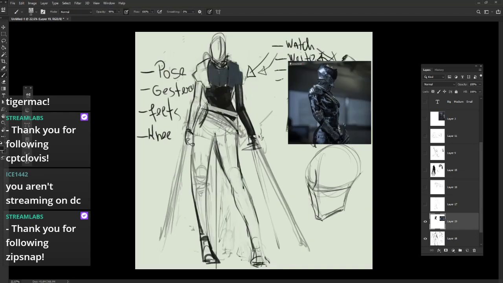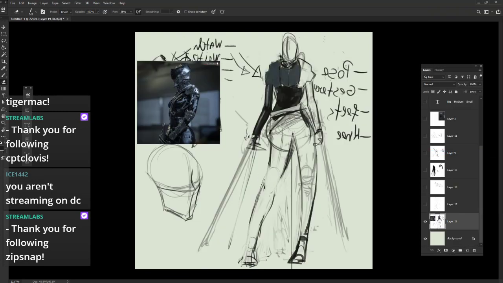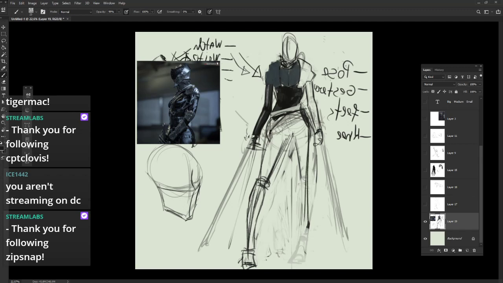Not torso, here. I see that right now. Maybe I can change this to make it way more believable. This one can stay like this.